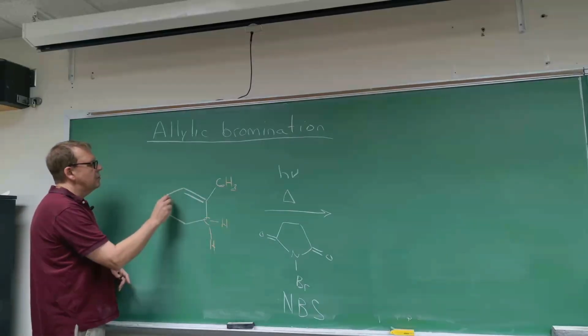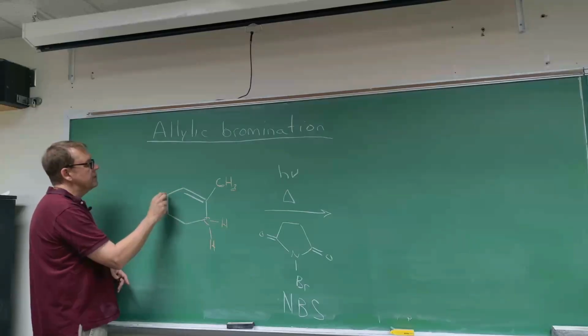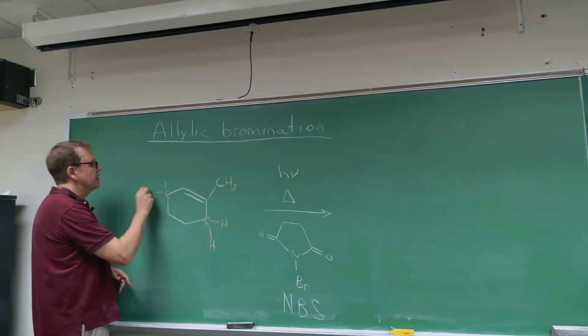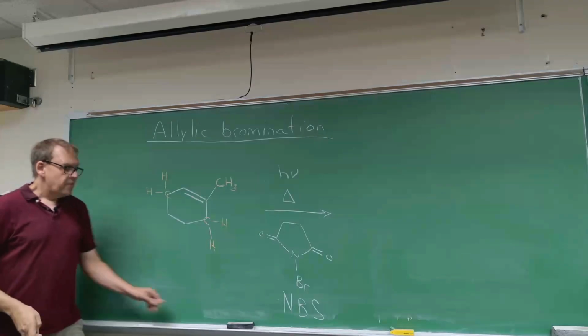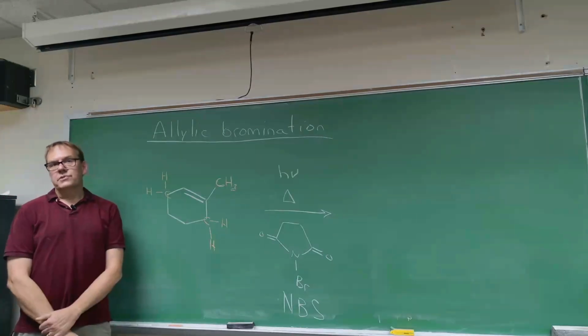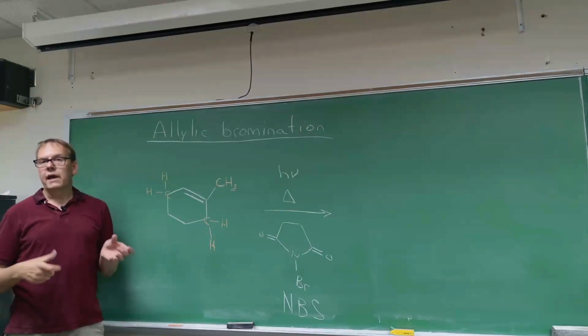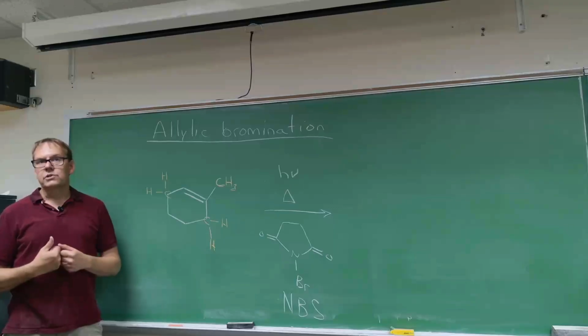The other carbon of the double bond, there's an H on one of it, but there's a C here that's got a couple of H's on it. These are allylic as well. So we've got 3 different allylic positions, and each one of those can react in this allylic bromination reaction.